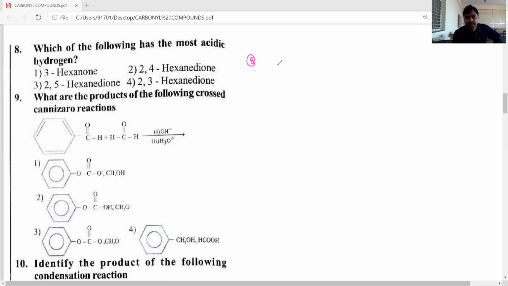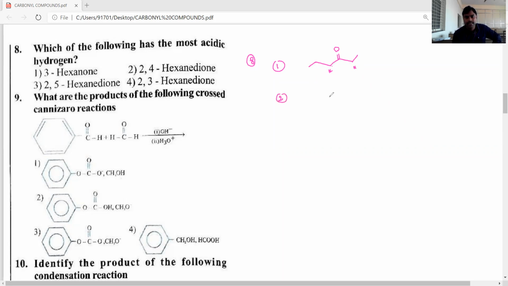The first option, cyclohexanone: 1, 2, 3, 4, 5, 6. Only one C double bond O group is present. So these are acidic hydrogens, star marked, these CH2 groups.